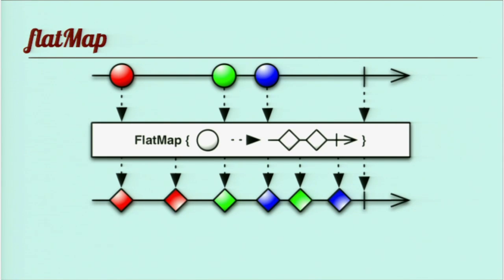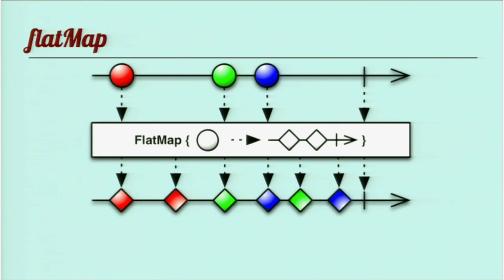Let's take the example of an HTTP request. This would be a user as a parameter, and then the observable would correspond to an asynchronous request that is made to retrieve more data about the user.